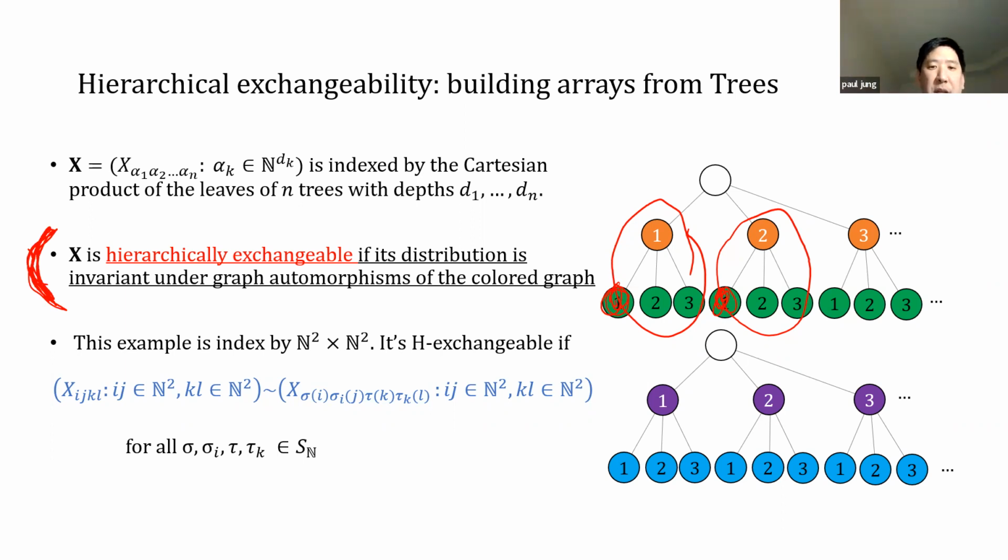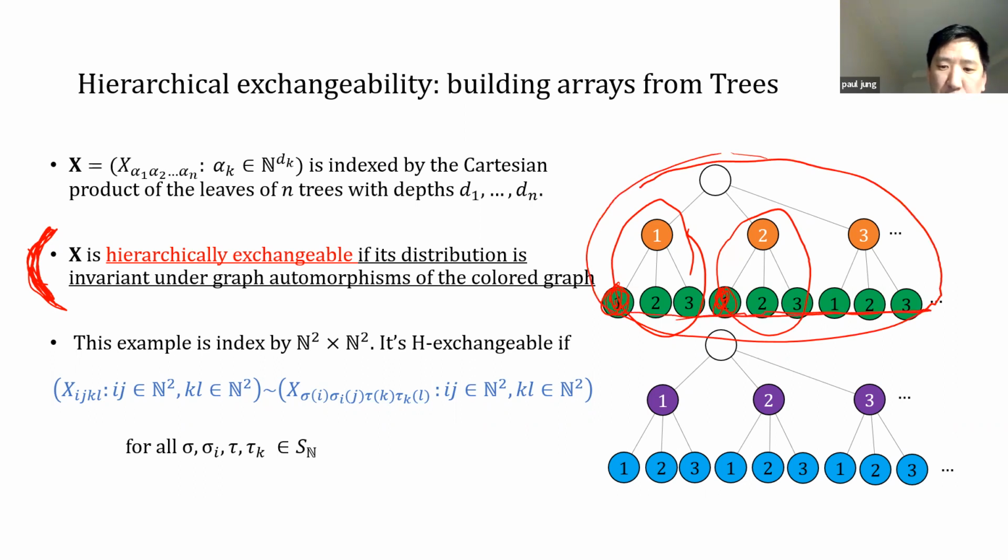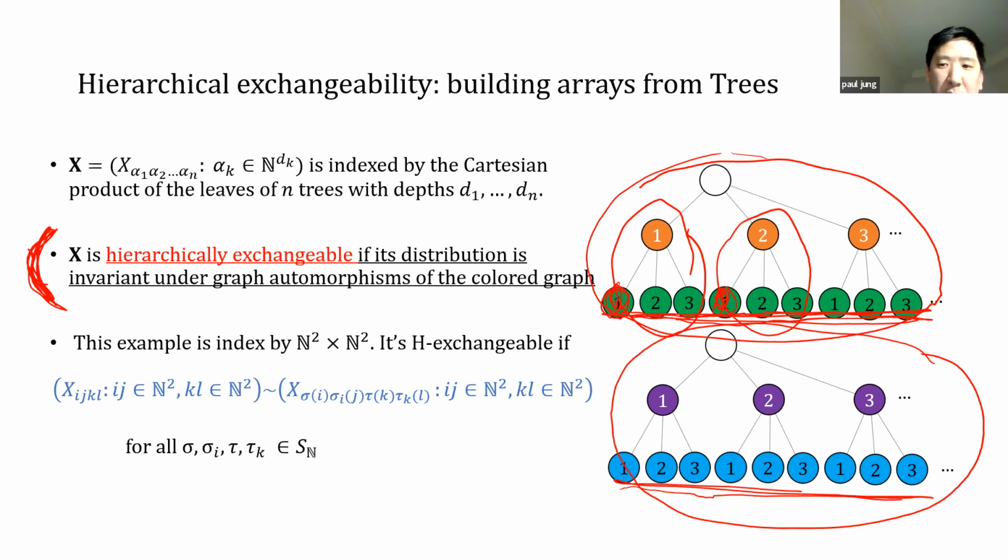And the other thing that we can do with these trees is we can actually take multiple trees and take a product of these trees. So we have, say, one tree. So this is sort of a two-dimensional array, and we can take all the random variables here, and take the direct products of this set of random variables with another set of random variables, which are the leaves of another tree. So we can cross this tree with this tree, and we get a four-dimensional array.